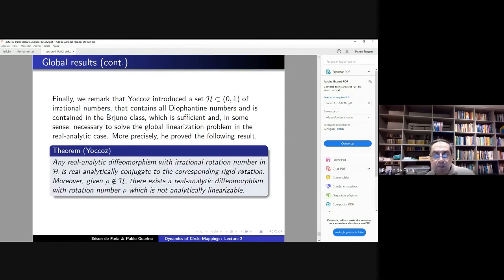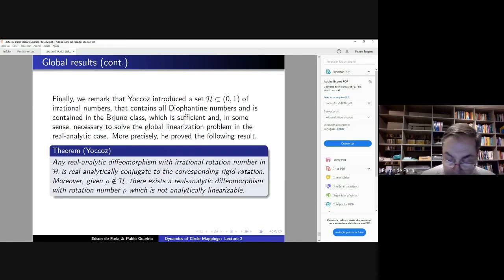So his theorem can be stated as follows. Any real analytic diffeomorphism with irrational rotation number in this particular class, a class that I'm not defining here because the definition is a bit technical, but the class stays strictly between Diophantine and Bruno, okay?